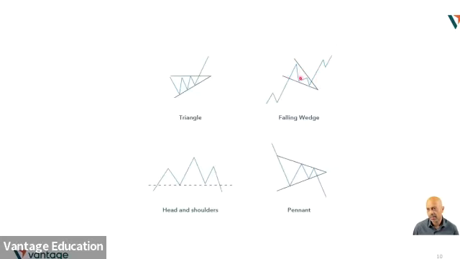Falling wedges are seen when price is starting to correct. After making a relatively strong move to the upside, as price starts to retrace or correct a little bit, sometimes it will form a falling wedge, and if the bullish momentum is to continue, it will generally break out of this falling wedge and go higher.